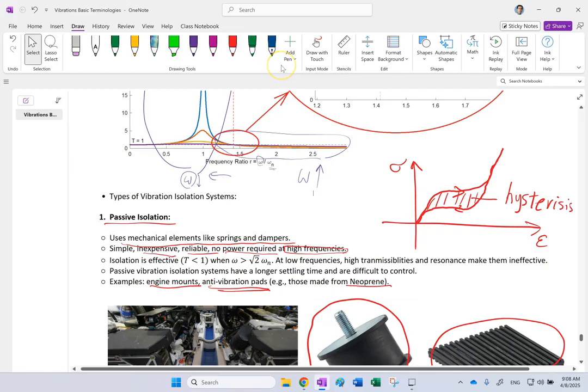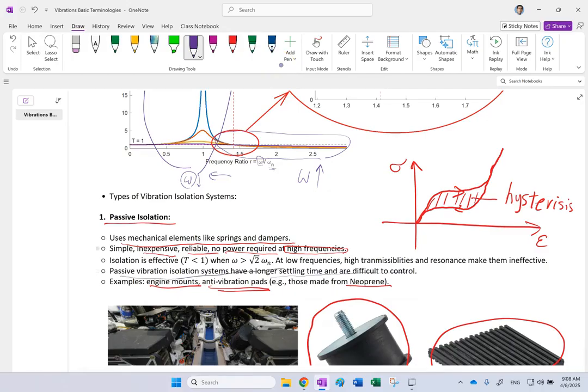The other problem they have is their settling time is typically long. So when the vibration happens in these systems, if you look at, for instance, x of t, then you see that when this thing starts and then it goes like this, it takes quite some time before the magnitude of vibration is, let's say, plus or minus 1 or 2% around 0.